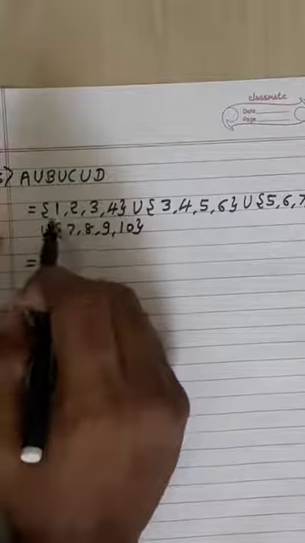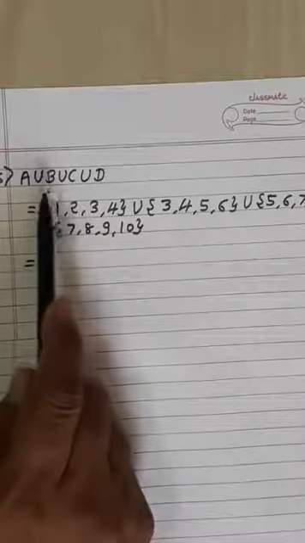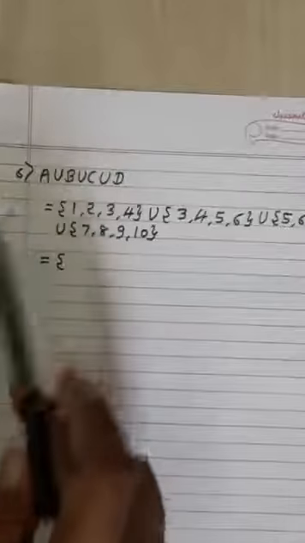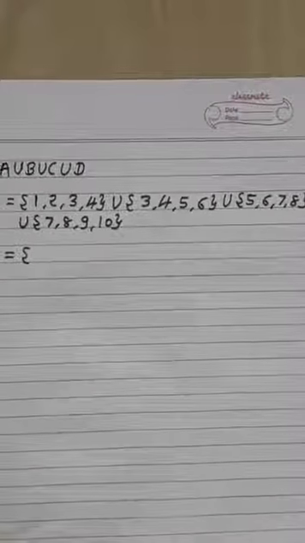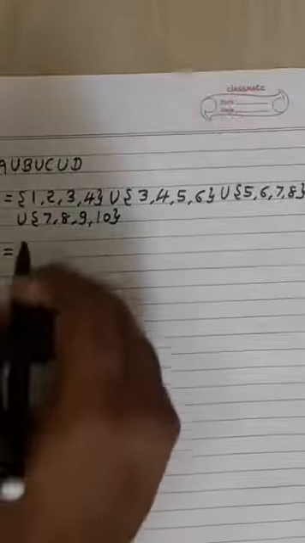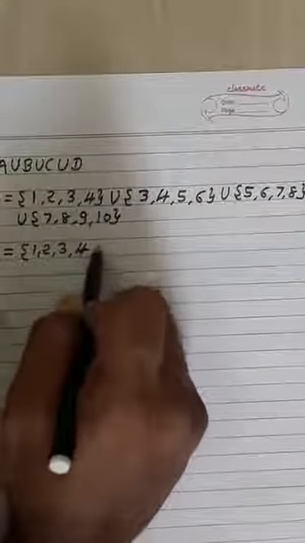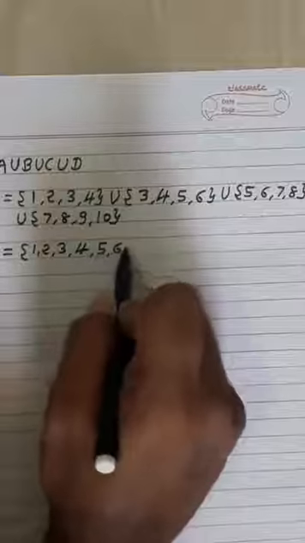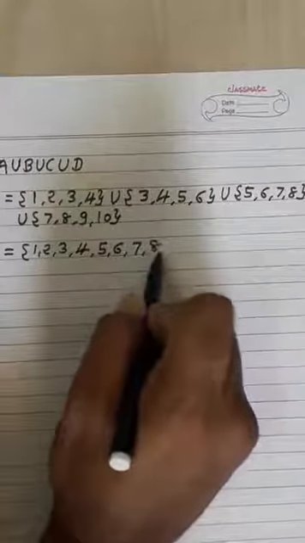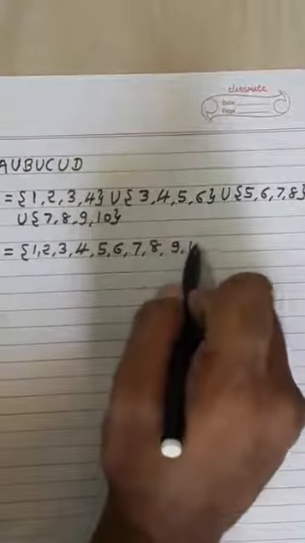So here all the elements of set A, B, C and D. So our answer is 1, 2, 3, 4, 5, 6, 7, 8, 9, 10.